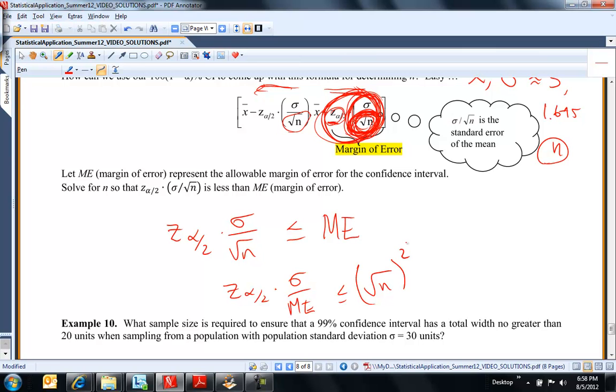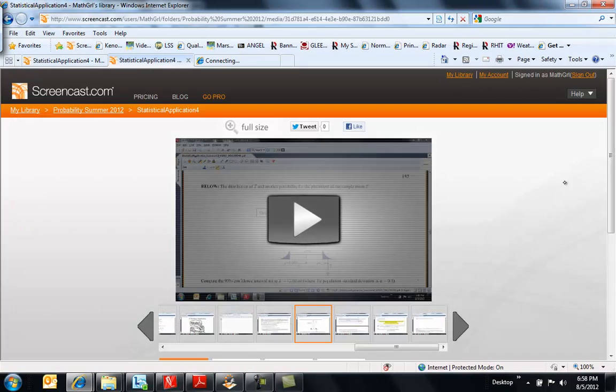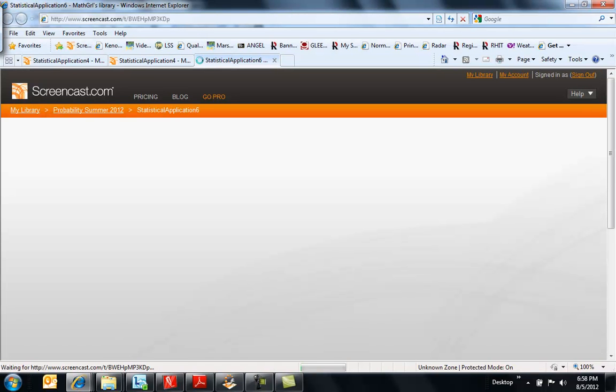I'm going to square both sides, and there I have my formula for computing n. But I don't memorize this formula. I just always think and build the interval and decide on the spot how to choose n. This formula always comes out in it, but I don't like to memorize things if I don't have to. You could choose n larger, anything larger than this, but again, you would choose the minimum n that does this, so you don't have to choose a bigger sample.